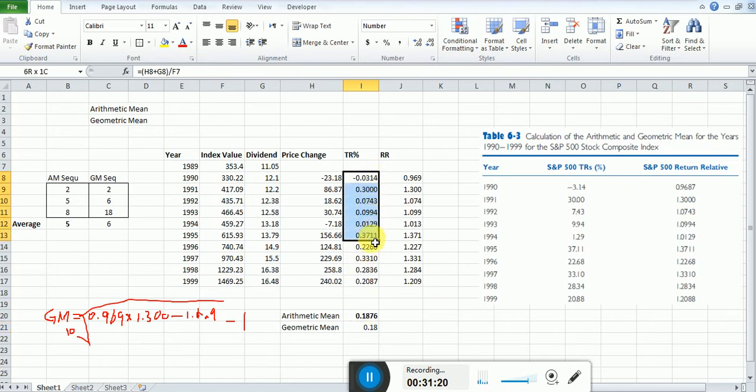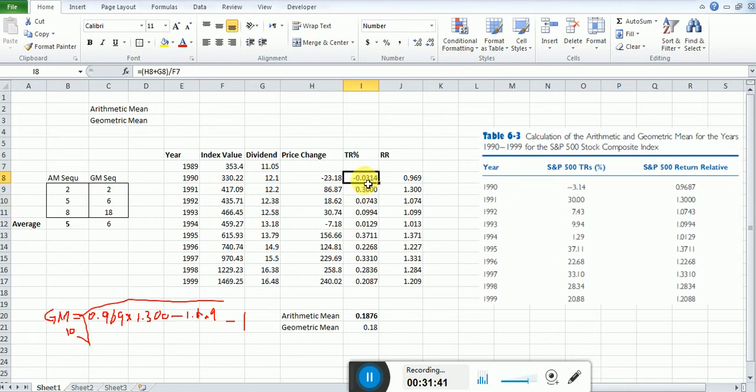That is 0.18. Which means, as you can see, in the first year our rate of return is negative 3.14.